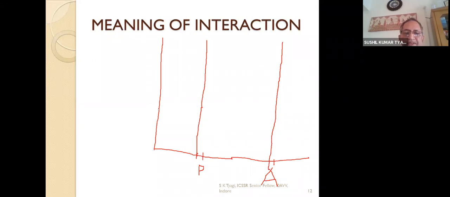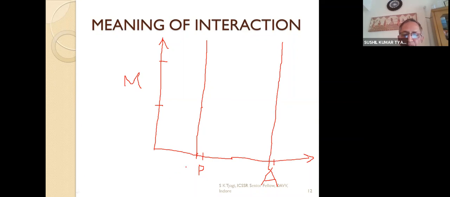Now on this y-axis we have scores 5, 10, 15. This is the mean score. On the y-axis we have the mean score, and on the x-axis we represent method of teaching, part and association.